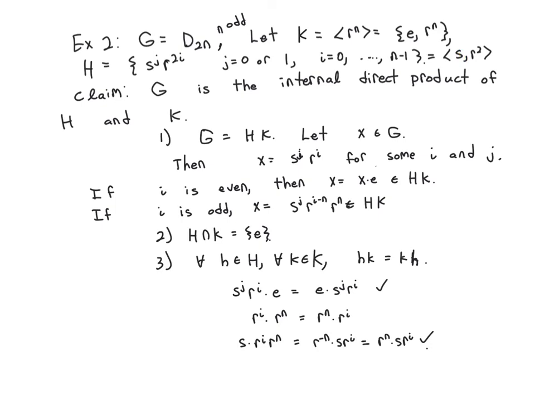You can check that that would be this set of products, s to the j, where j is either 0 or 1, times r to the 2i, so even powers of r. And you can check that the product of any two things of this form is also of this form. This is abstractly isomorphic to the dihedral group on n symbols, by the way, but we're not going to need that for this argument.